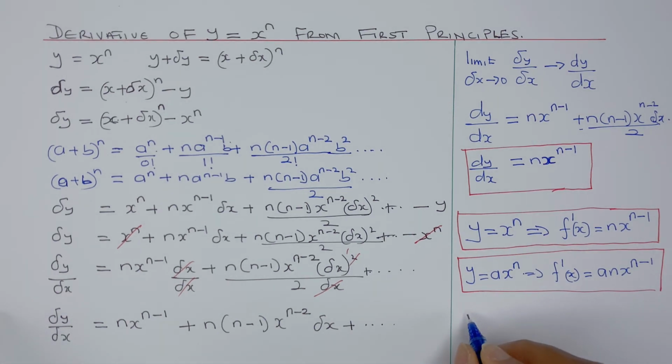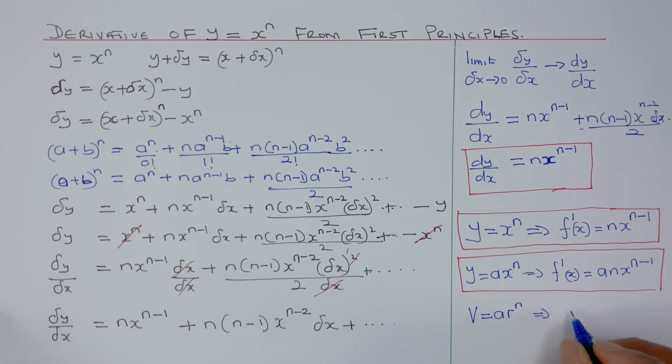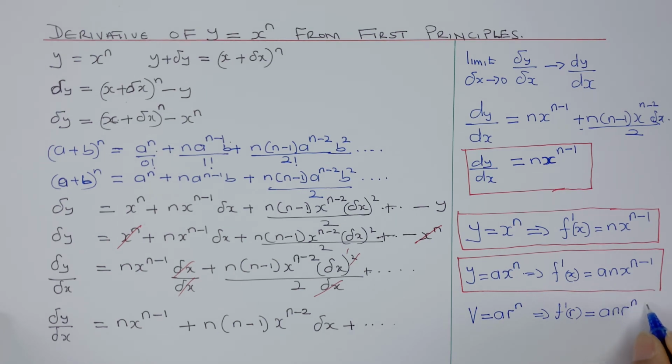So you could use this as v equals a r to the power of n, and the derivative will be f dash r, which equals a n r to the power of n minus 1. That's another example of how to write it.